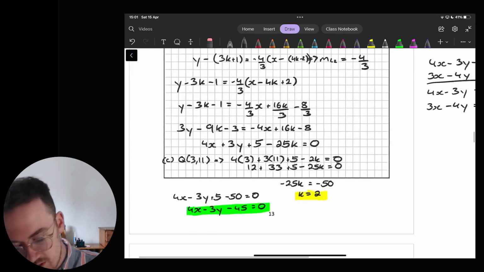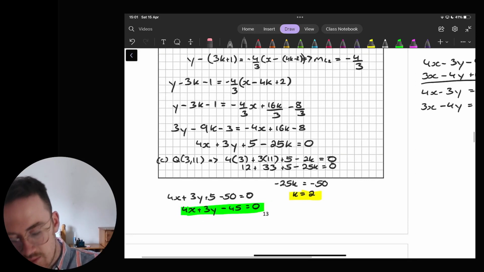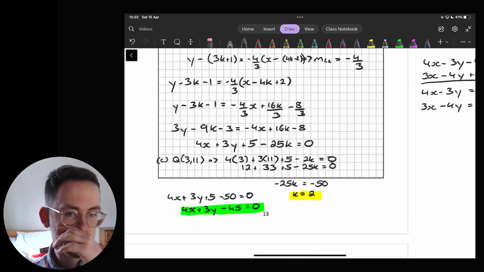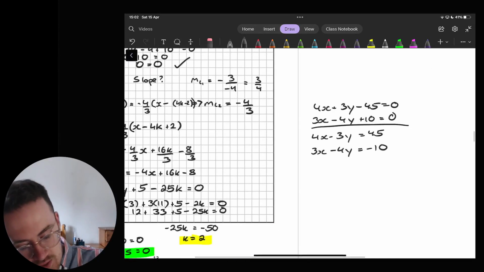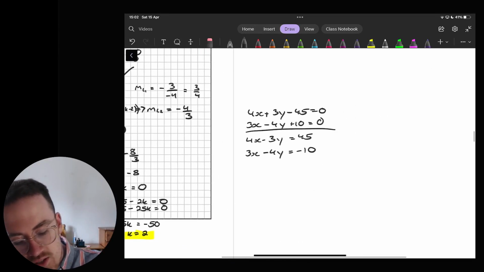Yes, 4x plus 3y, there we go. See, I'm dropping pluses across the place here. 4x plus 3y, that makes a bit more sense. Works out a bit nicer for us. So let's do this one by 4, and we'll do this one by 3.